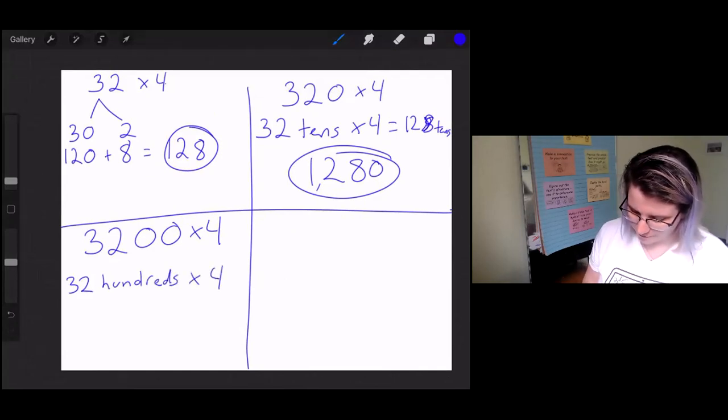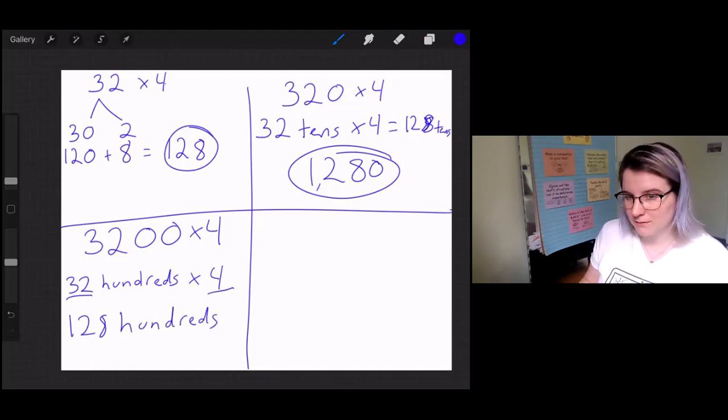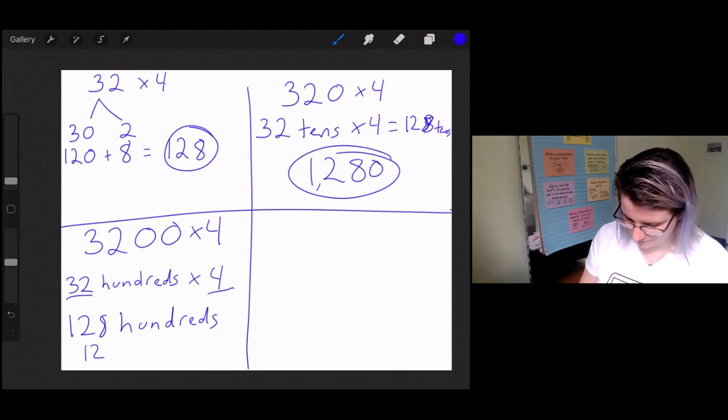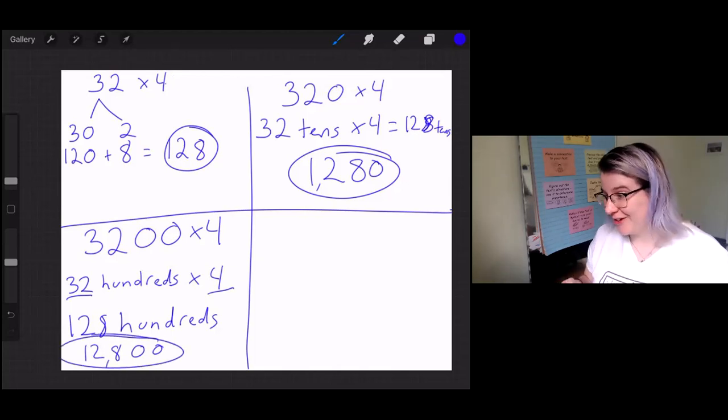We know that 32 times 4 equals 128 hundreds. And how do we write that? We add 2 zeros. So we get 12,800.